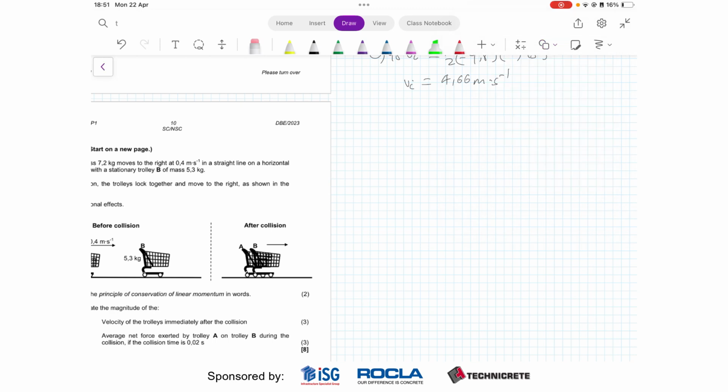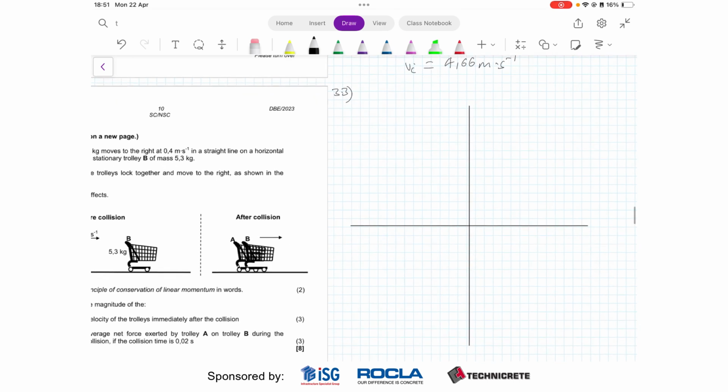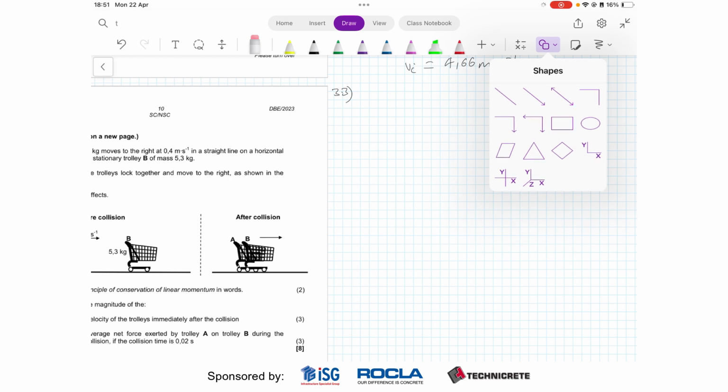Here is my axis. This is 3.3. Okay, there is our axis. Okay, now we're looking for position. I think there's a better graph I can use for this. Yes, there it is.